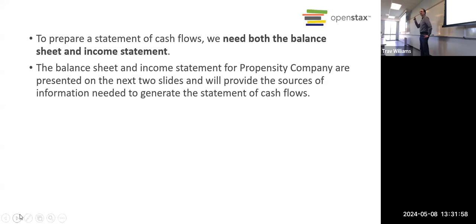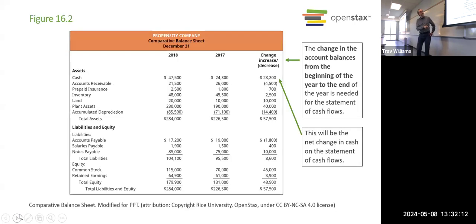So to do this indirect method, we need information from the income statement, right? We need the net income. And we also need to know the balance in the cash account, so we can get that on the balance sheet. So here we see the balance sheet. Under assets, the very first thing is our cash.